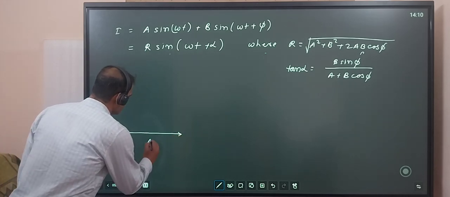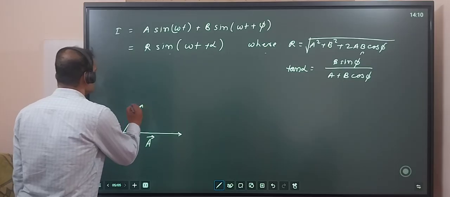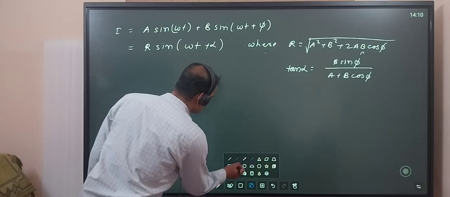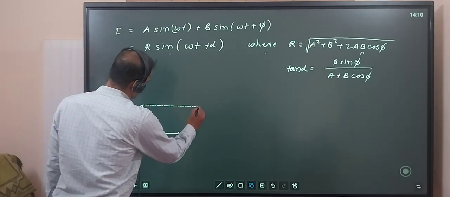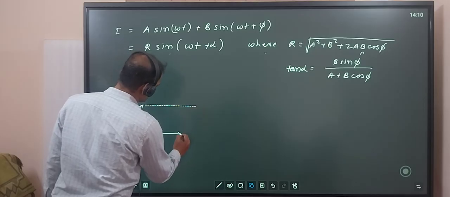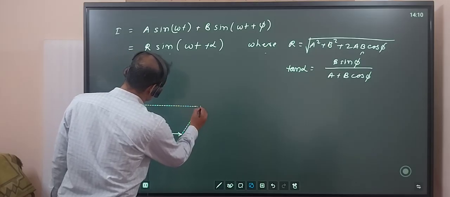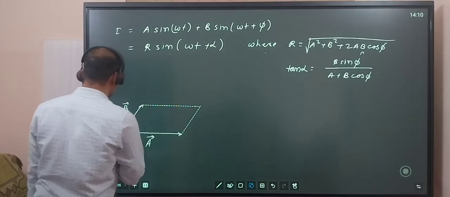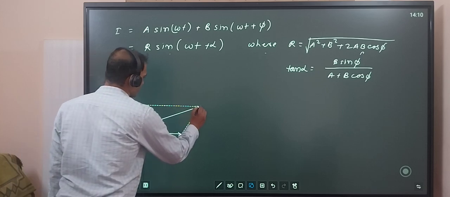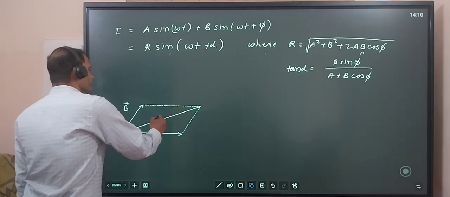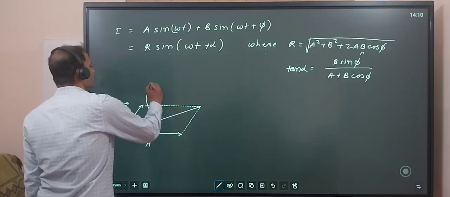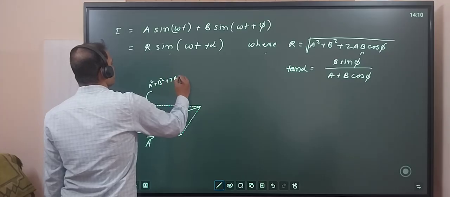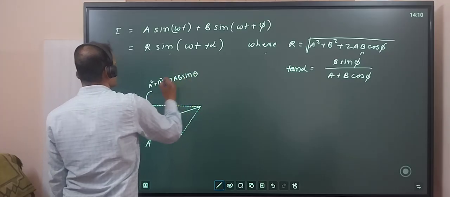One vector had a magnitude a, the other vector had a magnitude b, and we added it using the triangle law or parallelogram law, and we got the resultant vector r. The magnitude of this resultant vector was a square plus b square plus 2ab cos theta.